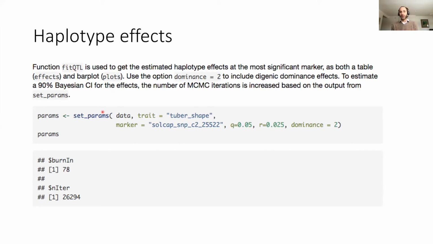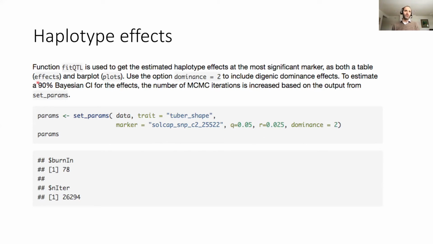We were trying to find a value that could work across the whole genome. And we also didn't necessarily need to estimate the tail of the distribution very well from the Bayesian posterior distribution. But now that we're actually trying to drill down on a single QTL, you're going to want to probably use more iterations, and you can afford to do so because you're only doing it once instead of thousands of times.